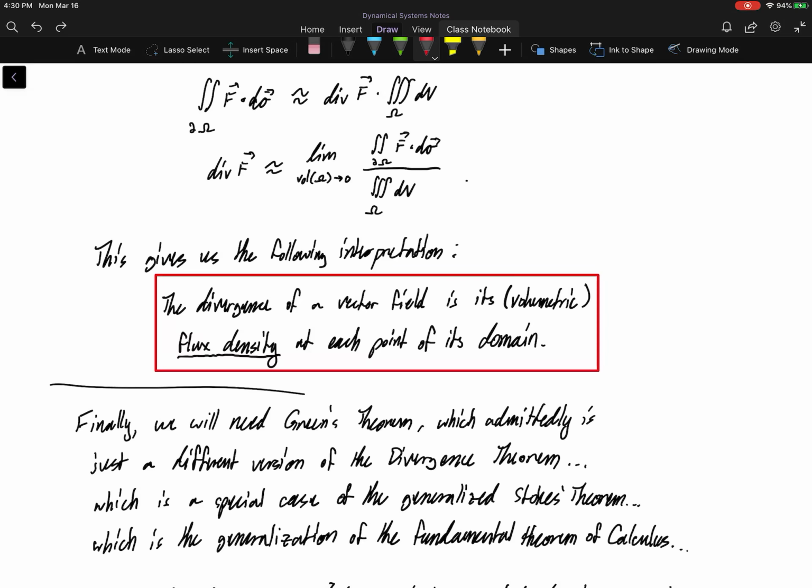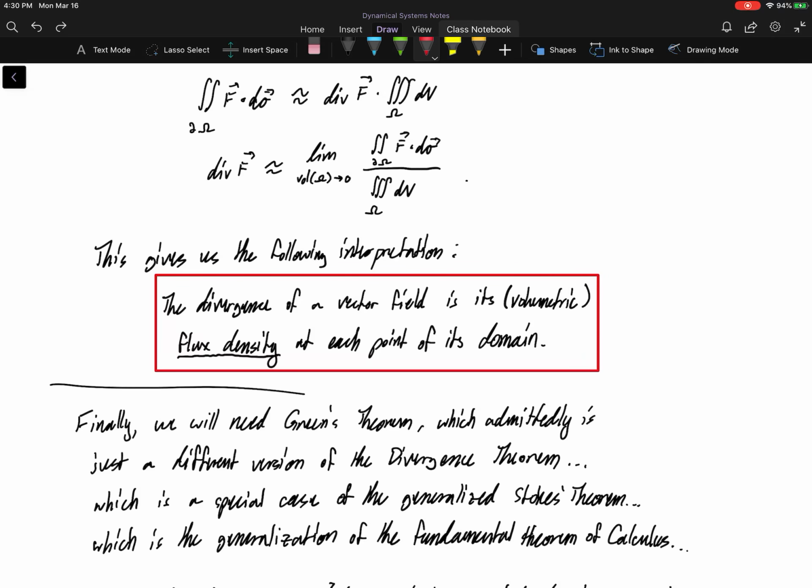The divergence of a vector field is its volumetric flux density. At each point, it's telling me how the stuff wants to flow. Is it flowing into the infinitesimal region, where I get a negative value, or is it flowing out, where I get a positive value?